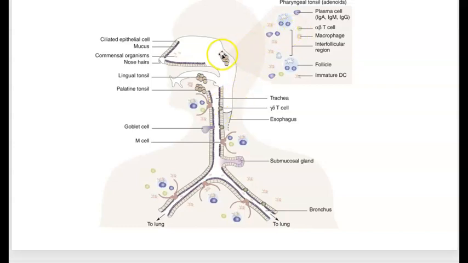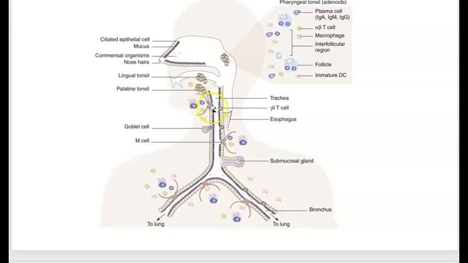And so here are various adenoids, the lingual, under your tongue and in the back of your nose and so forth. All this robust immune response takes place if a virus comes in through either your nose or your mouth, and again stimulates all this immunity.